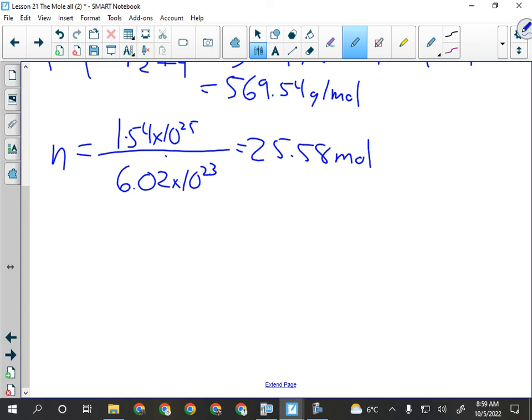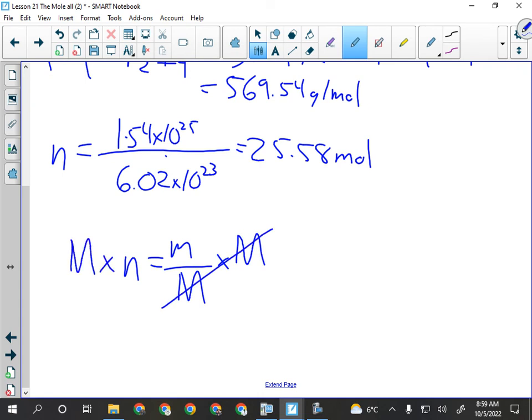So I'm going to go N equals little m over big M. I'm going to follow my rules of algebra, do the opposite to both sides, and end up with that formula there. Then I'm going to take 569.54 and multiply it by 25.58, big M times N, and get the mass.